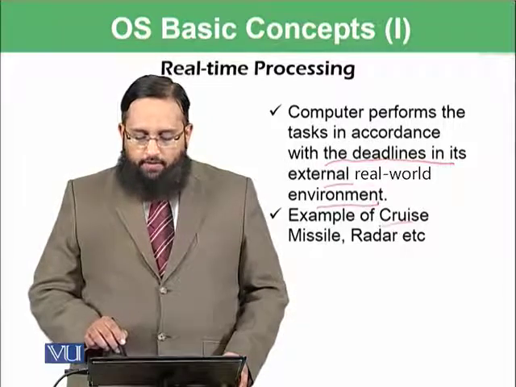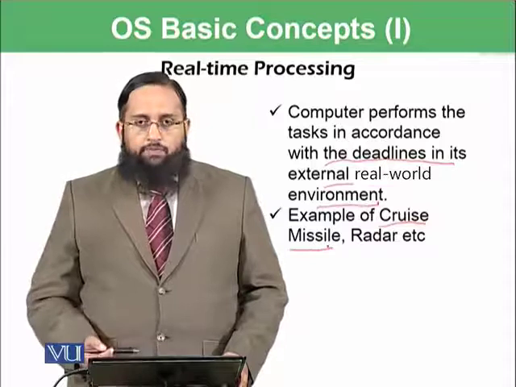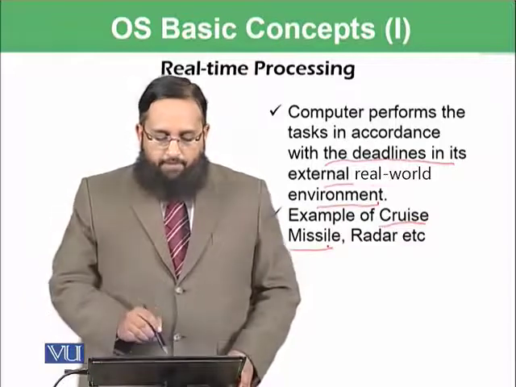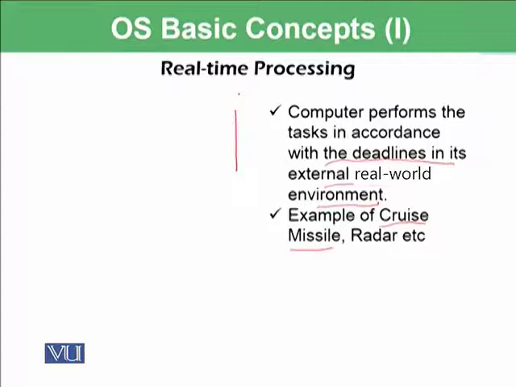So I want to quote here the example of a cruise missile and radar. For example, if here is a cruise missile which has been launched from here and needs to hit this target. You might be familiar with the cruise missile operating very low near the earth so that it cannot be caught by radar.